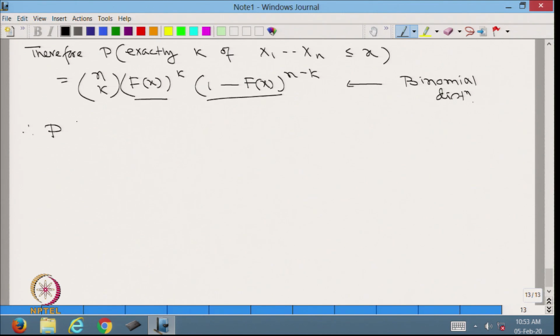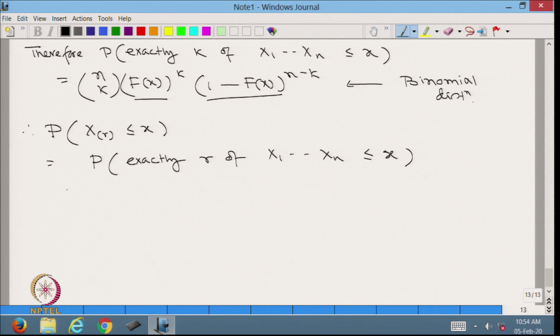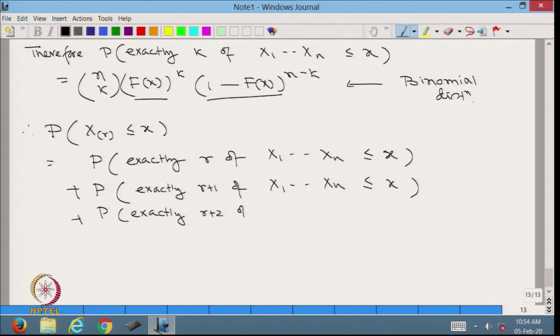Therefore, probability x r less than or equal to x is equal to the union of the disjoint events: probability exactly r of x 1, x 2, ..., x n less than or equal to x, plus probability exactly r plus 1 of x 1, x 2, ..., x n less than or equal to x, plus probability exactly r plus 2 of x 1, x 2, ..., x n less than or equal to x.